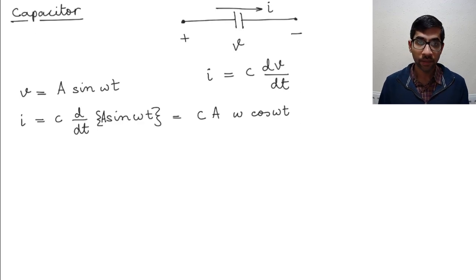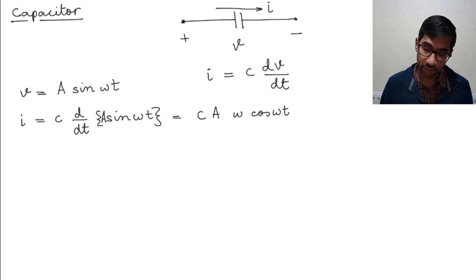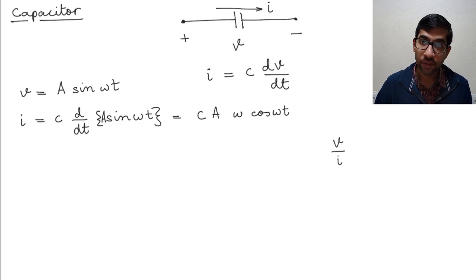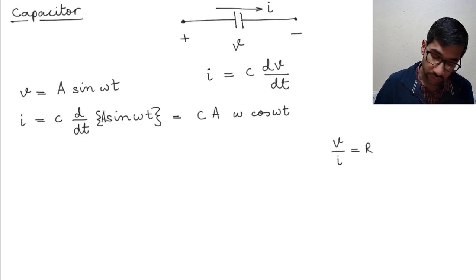which is the differentiation of sine omega t, right? Now, from this equation, what we can try to do is derive something analogous to what we had in resistors, which was the ratio of the voltage and the current, right? In a resistor, what's the voltage V over I called? It is called the resistance, right?